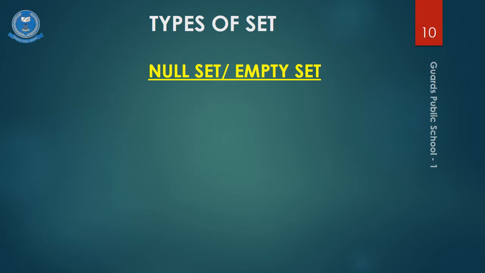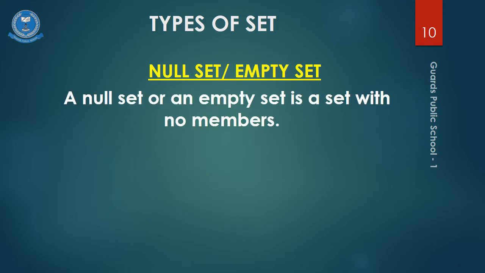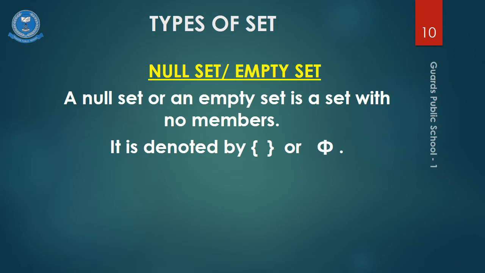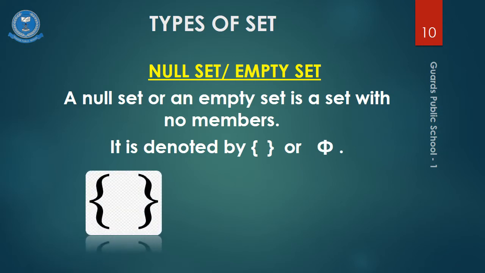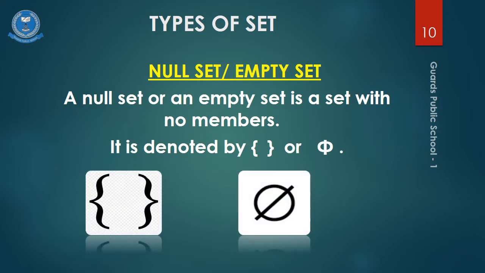Next is null set or empty set. A null set or an empty set is a set with no member. It is denoted by empty curly brackets or the symbol phi. We can use both of these notations to represent a null set.